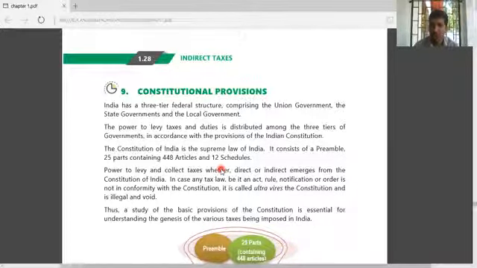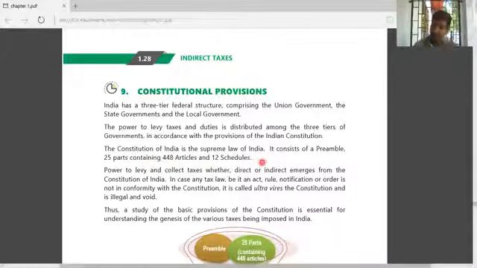So the Constitution had to be amended to introduce the GST law. They amended various provisions of the Constitution of India and introduced GST. The Constitution of India is the supreme law of India. It consists of a preamble, 25 parts containing 448 articles, and 12 schedules.